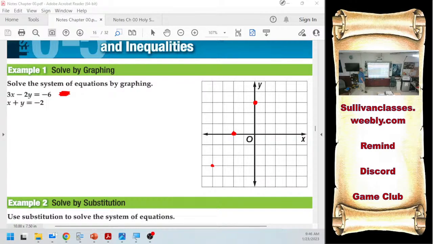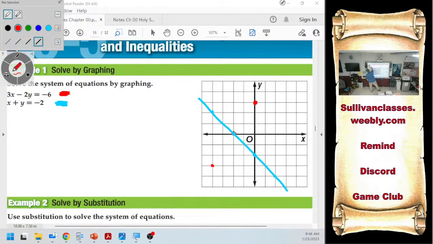Sorry. Likewise, if I just put in a 0 for x and y, I'm going to see in both cases that I've got an x and y intercept of -2. X-intercept -2, y-intercept -2. Make some more points, connect the dots, use a straight edge if possible.